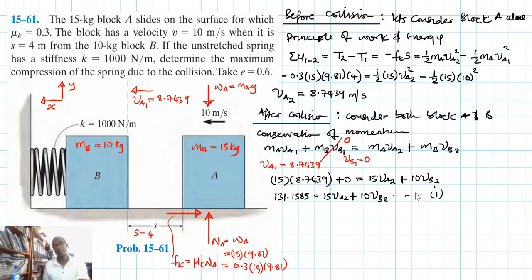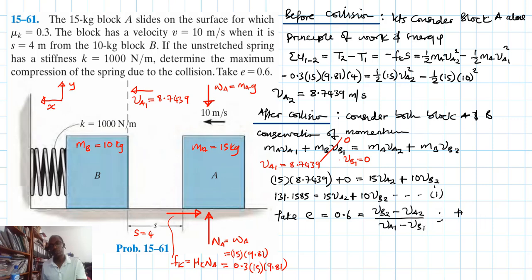We've been told that e equals 0.6, and this is just going to be equal to VB2 minus VA2 divided by VA1 minus VB1, given that our VB2 is greater than our VA2.